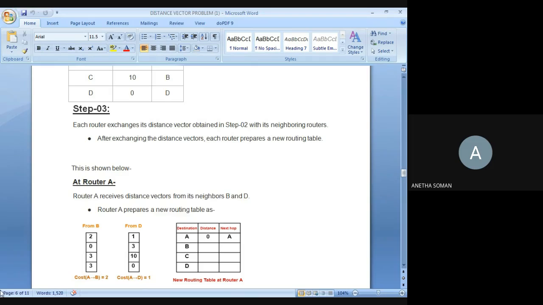Now the cost from A to B will be equal to 2, and the minimum cost from A to D will be equal to 1. Based on these values, you will find the least cost using the Bellman-Ford algorithm.